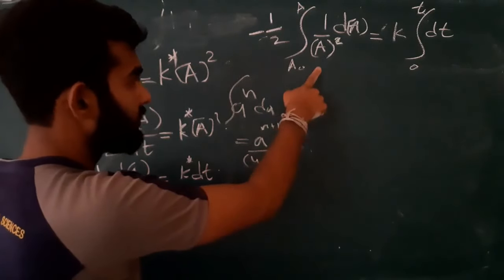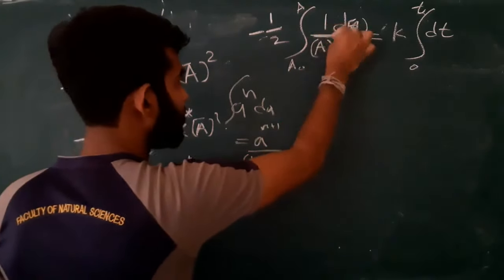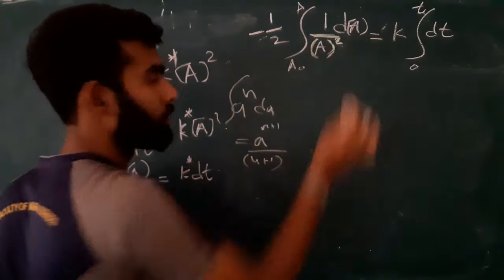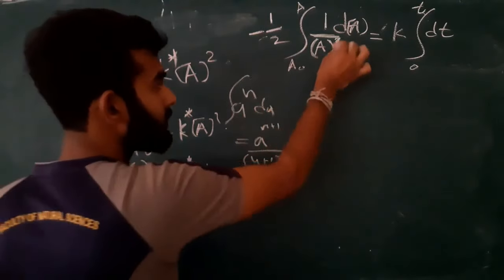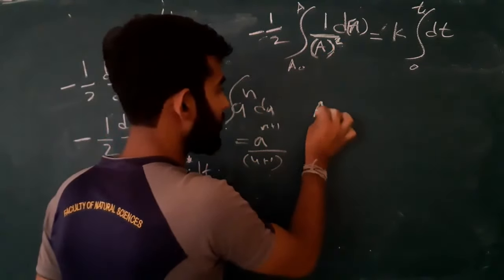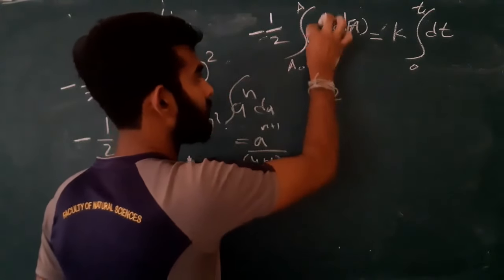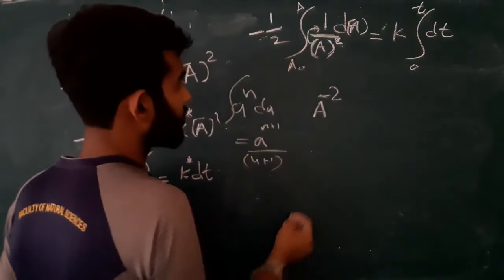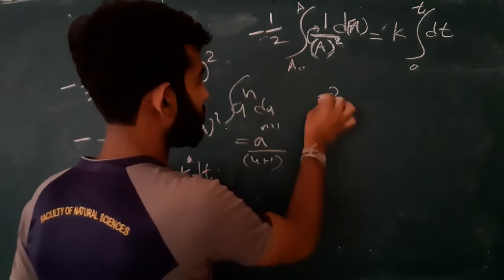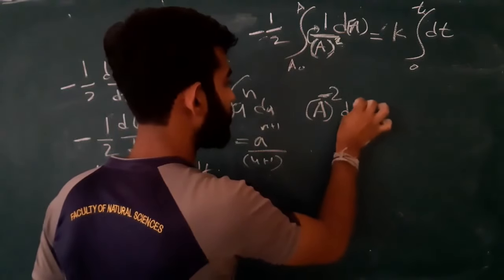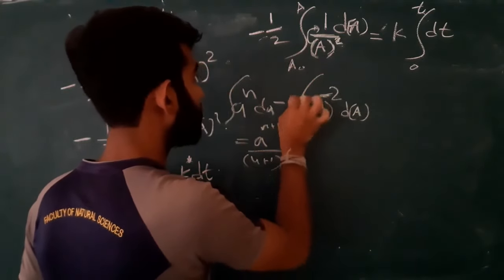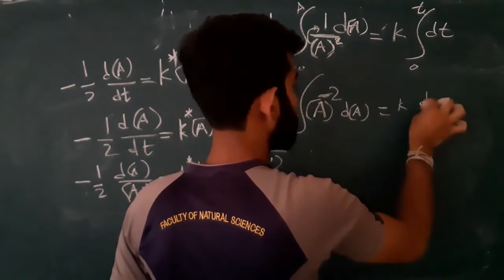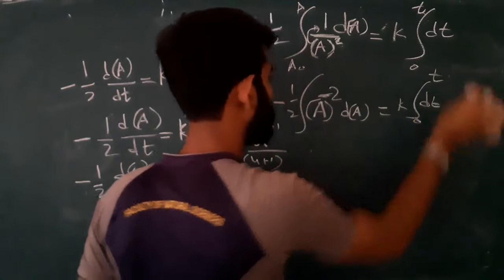However, here A is below, 1 over A to the power 2, so we can't apply this directly. So we have to rearrange this term as A to the minus 2, it will go upper. I rearrange the equation here: minus half A to the minus 2 dA equals k star dt, 0 to t.